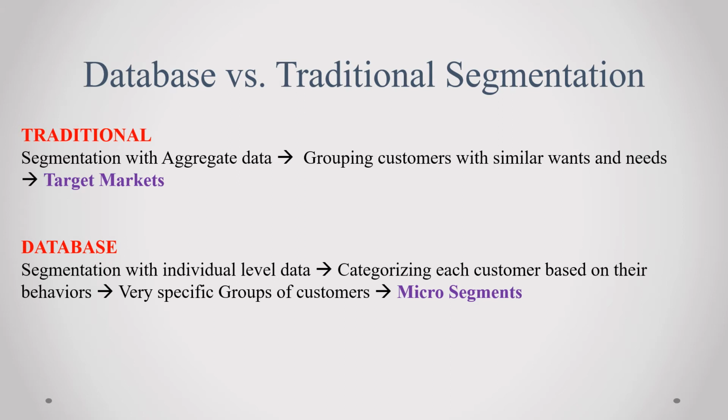And what we end up with are very specific groups of customers which we typically refer to as microsegments. And in many cases, as an example with RFM, there could be 125 microsegments for a particular market rather than 3, 4, or 5. Typically, with database marketing, there can often be more microsegments than there are target markets.